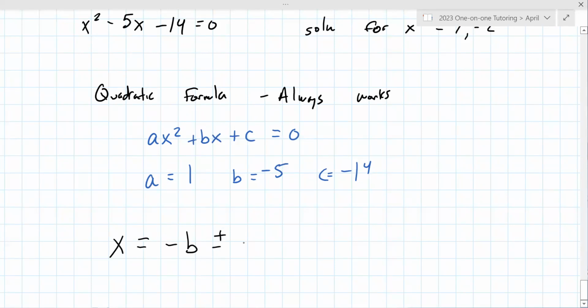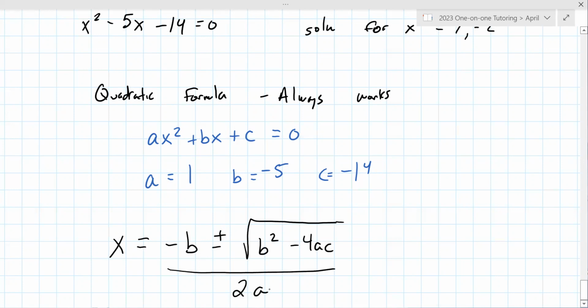Minus b plus or minus the square root of b squared minus 4ac, all over 2a. Okay. You might have seen this formula in a previous class and they just had you put numbers in and simplify it. But now you have to remember it. You have to memorize it, be comfortable working with it. And here's how it works.